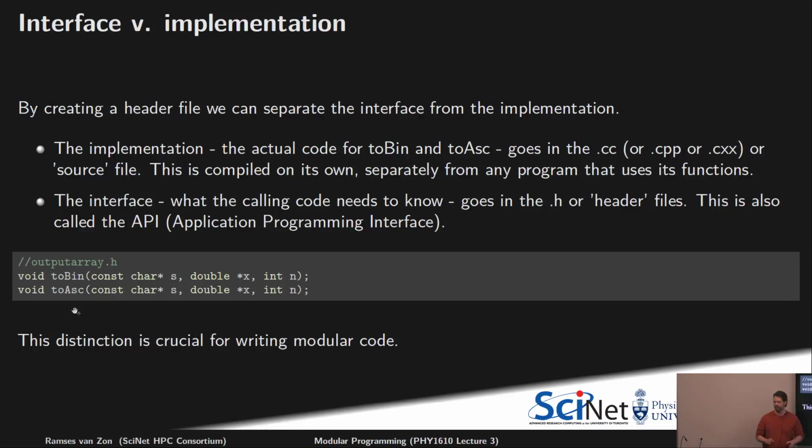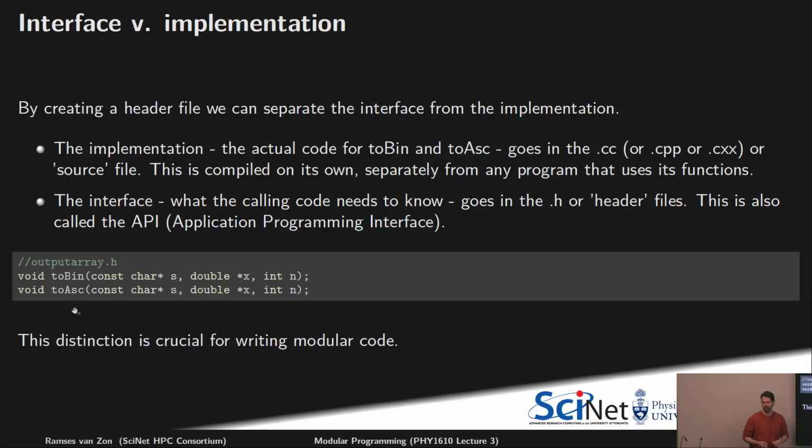So this separates the implementation from the interface. The interface is how I'm using these functions, what they are called, what are the input arguments, and what are their return types. Don't need to know anything else for the compiler to be able to compile. I will need to know how they do that once I want to basically create the full application, but for this one file I don't need it.